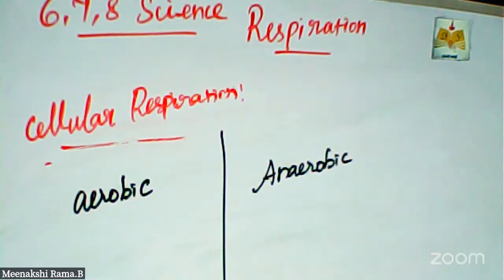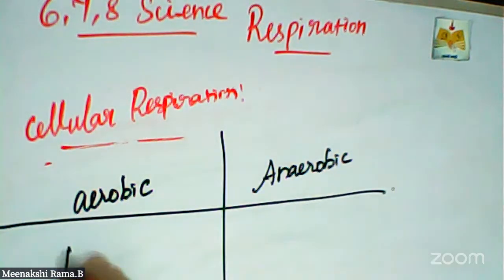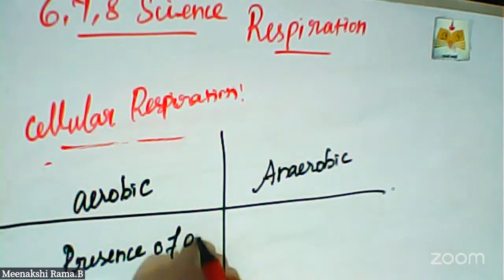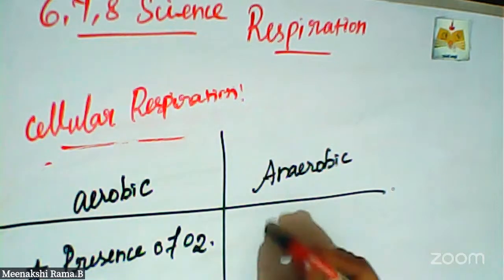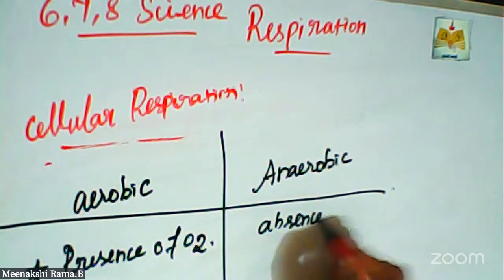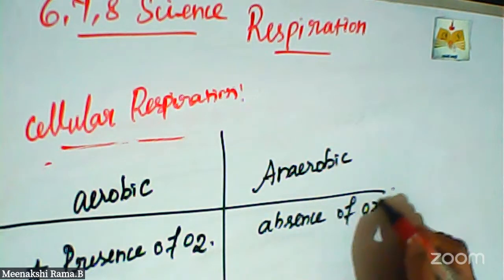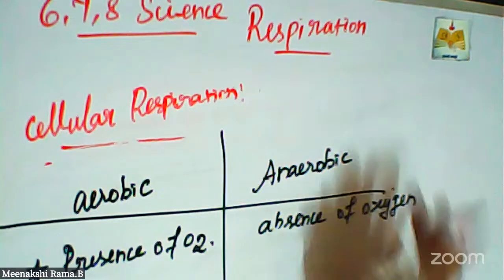Aerobic respiration takes place in the presence of oxygen. This is the first and an important point. In the anaerobic process, there is absence of oxygen; the process is done without oxygen.